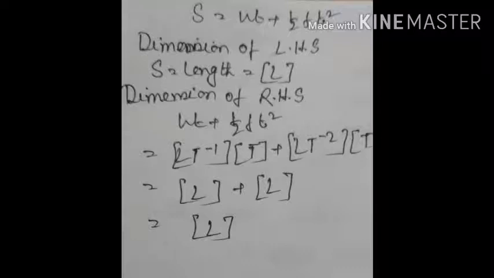Let us use the dimension of u, that is velocity, LT^-1, times time T. The numerical value half is dimensionless. For f we use LT^-2, and t^2 is T^2. So finally this side provides L, plus this side, this multiplication will also provide L. So the dimension of the left hand side satisfies the dimension of the right hand side, both are L.